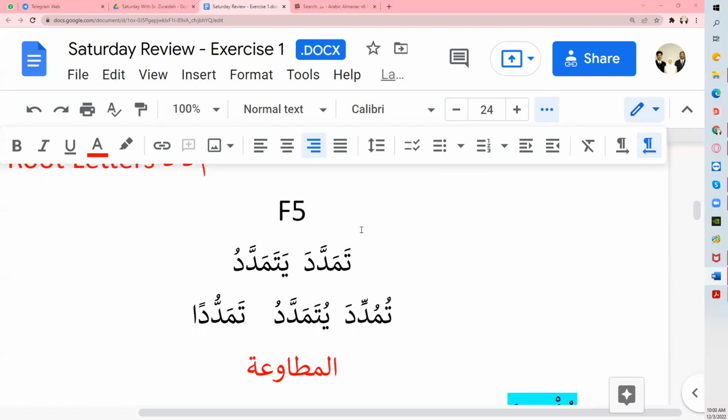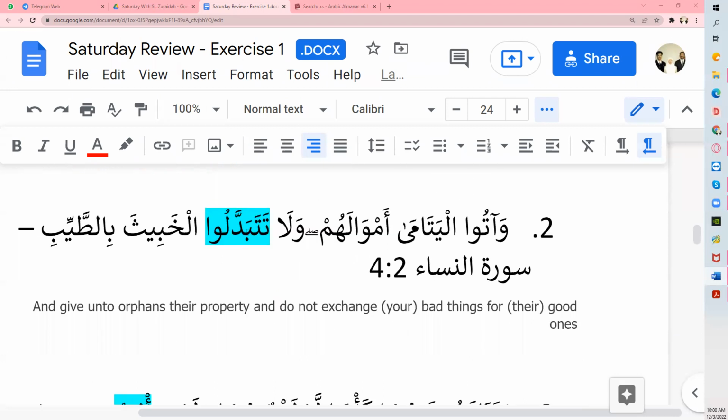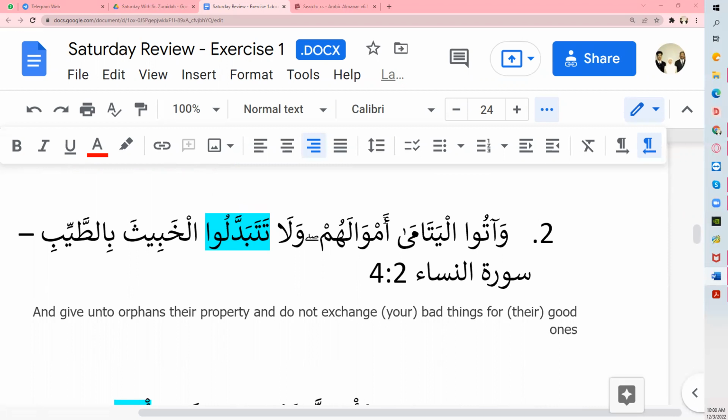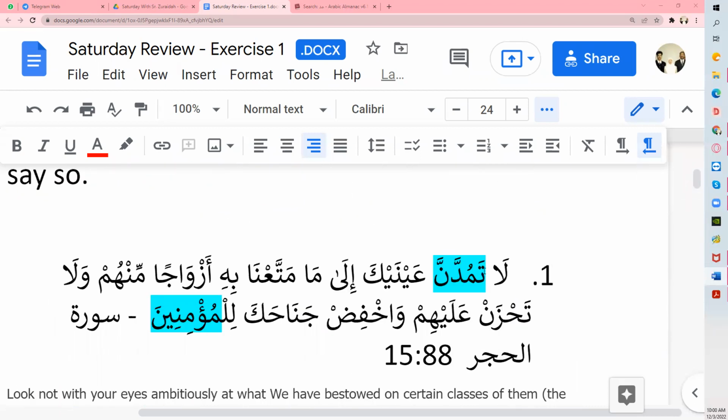Sister Kasma, that's why I was going on to only 1. It's not family 5. This is family 5. Yeah, tatabaddalu, because there are 2 tas, whereas this one has just a single ta. So this ta is actually the fi'il mudhari' version. And you're saying, look not with your eyes ambitiously. So this is your eyes. The ambitious part is the tamuddana.